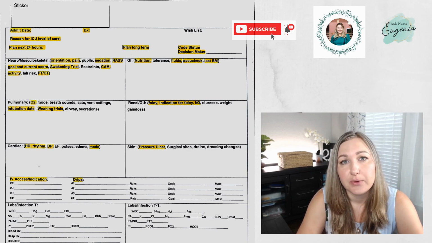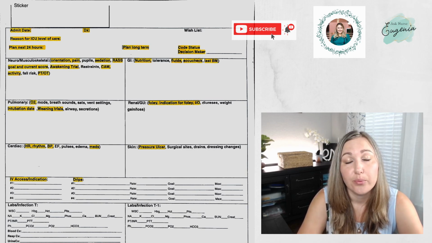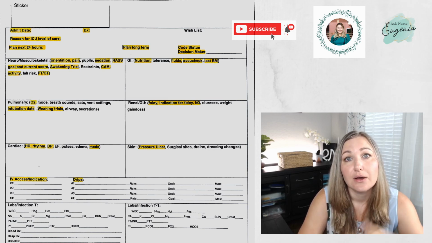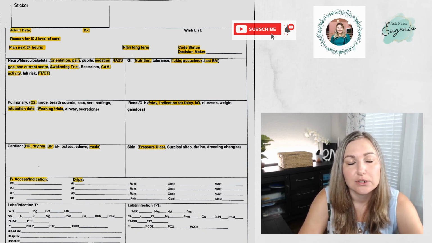I also use this brain sheet when giving ICU report to the multidisciplinary team. So when they do rounds, it's very easy to just go system by system, and I would have my questions or notes written on the back of the page if I had any that I wanted to remember.